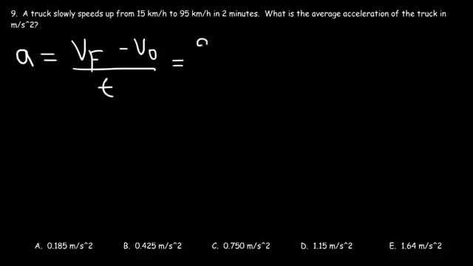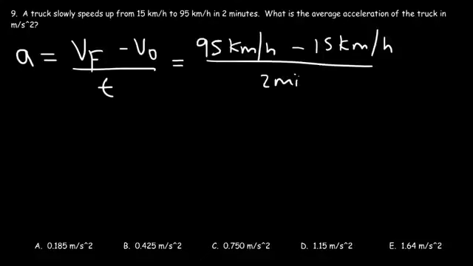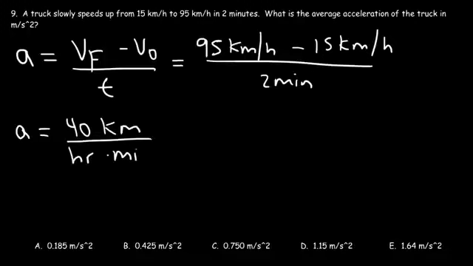The final speed is 95 kilometers per hour. The initial speed is 15 kilometers per hour, and the time is 2 minutes. So 95 minus 15 is 80. 80 divided by 2 is 40. So the acceleration is 40 kilometers per hour per minute.